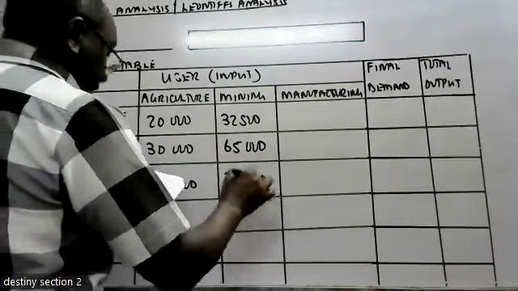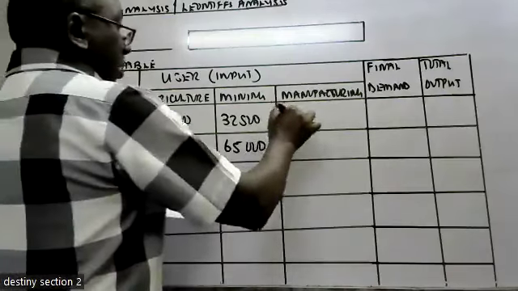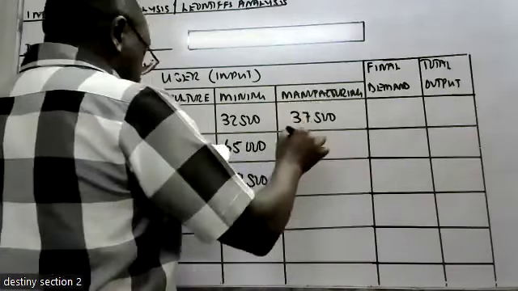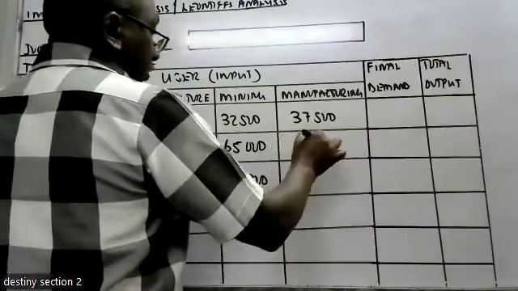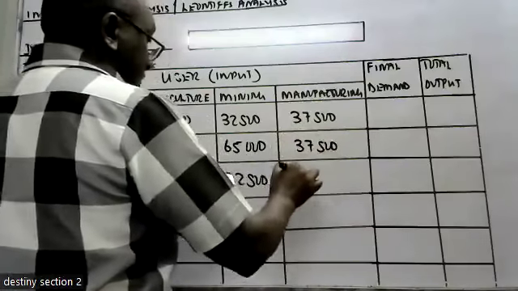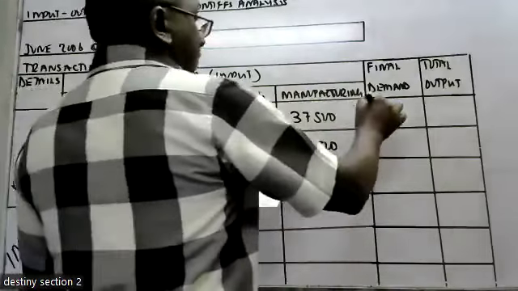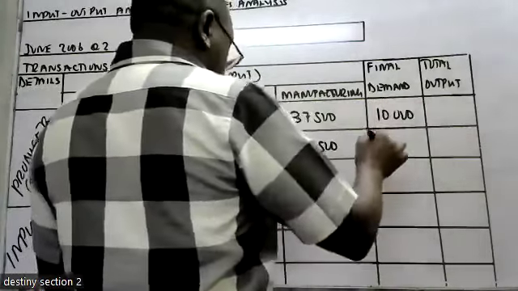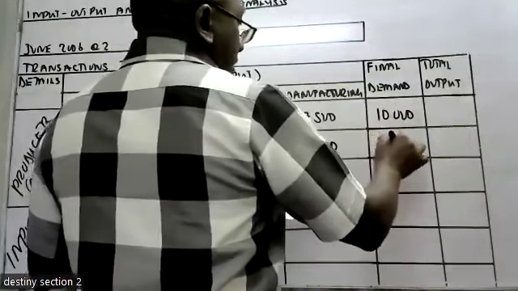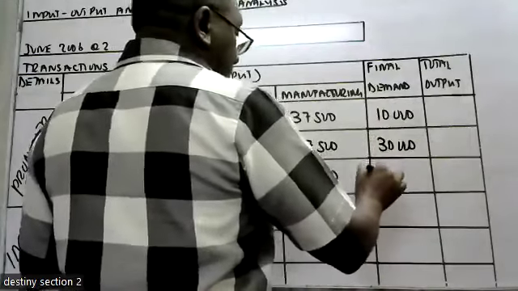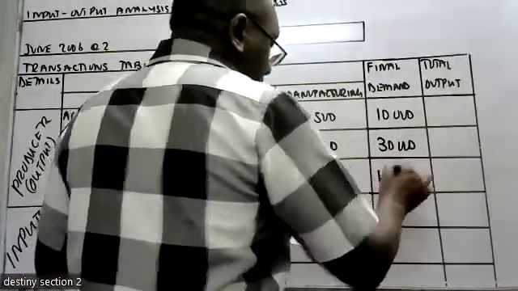This is that 2,500. This is that 7,500. This is that 7,500. This 12,500. Final demand is 10,000. This is 30,000. And this is 40,000.